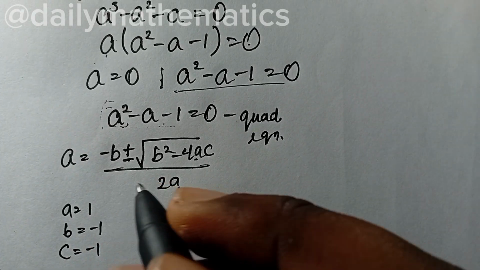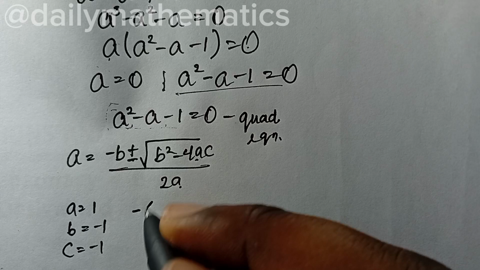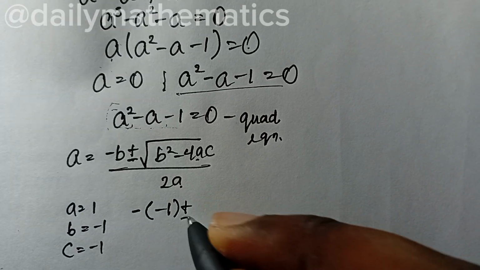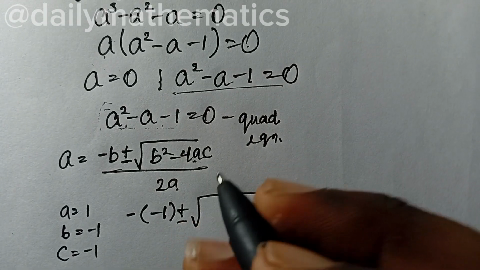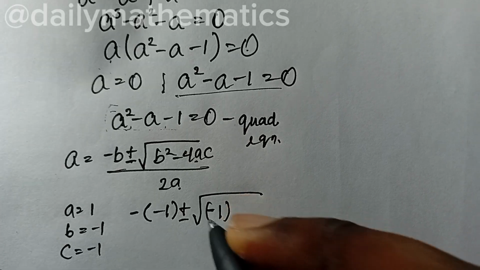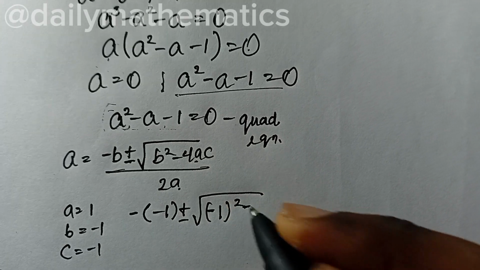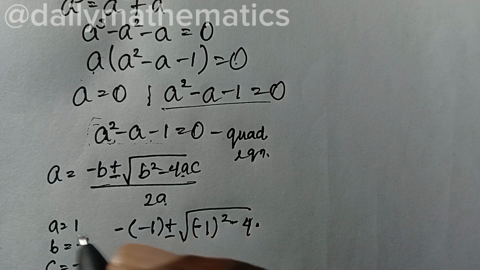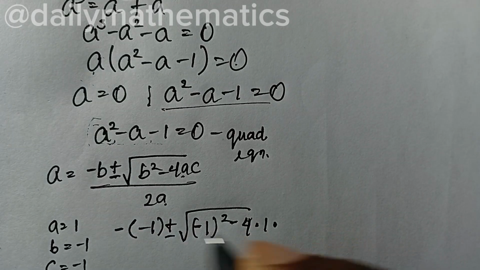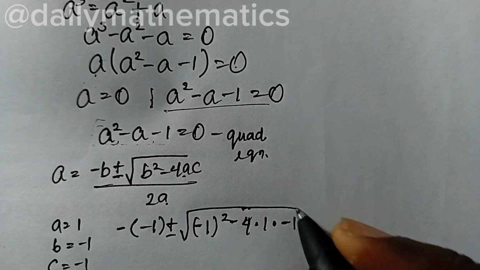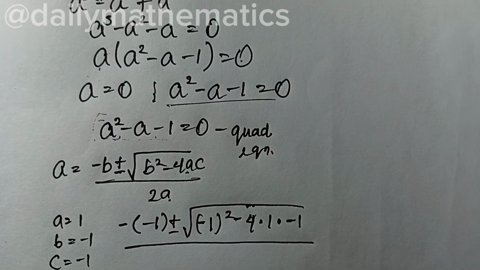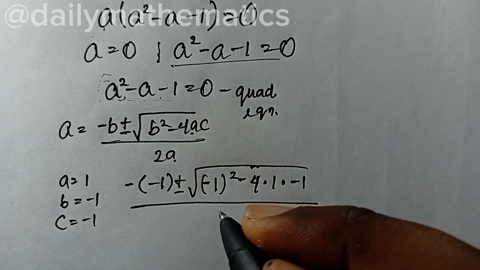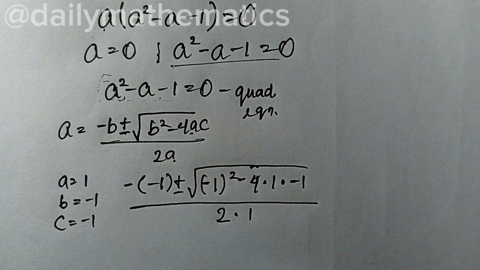So when we say a equals minus b, that will be minus minus 1, plus or minus square root of b squared, that's minus 1 squared, minus 4 multiplied by a, which is 1, multiplied by c, which is minus 1, over 2a, that's 2 multiplied by 1.